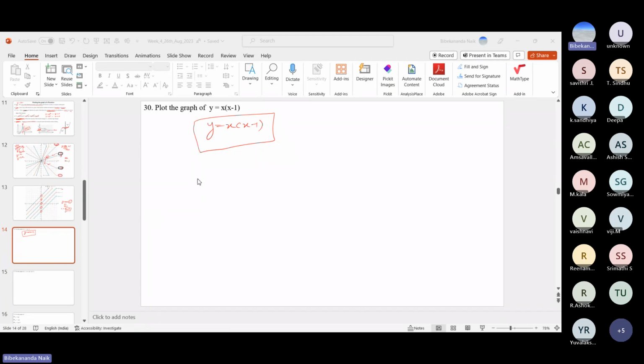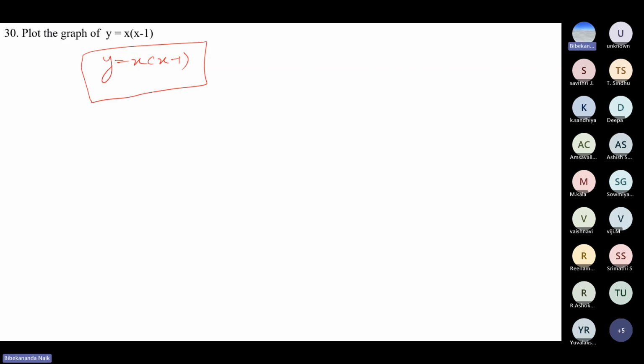So let's discuss. Here we want to plot the graph of y equal to x into x minus 1. First we should see what the x-intercepts and the y-intercepts are. For the x-intercept, we need to put y equal to 0.